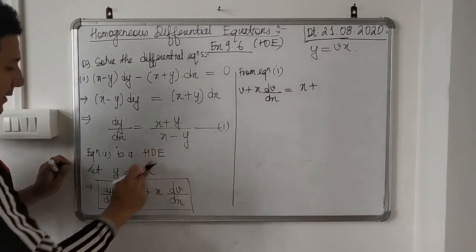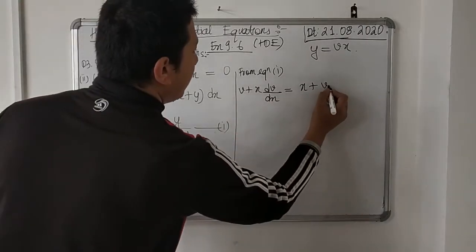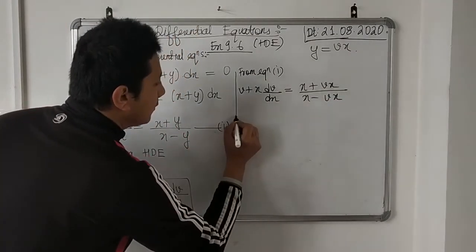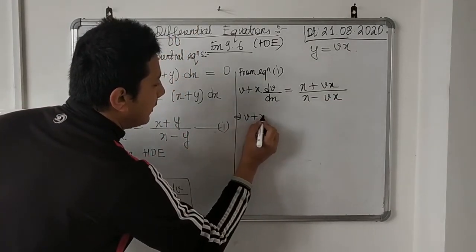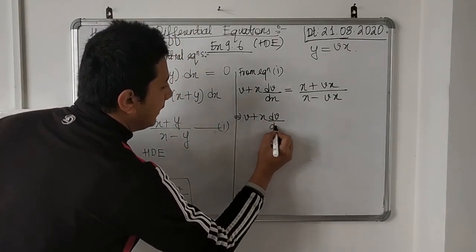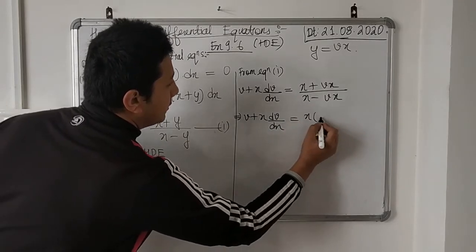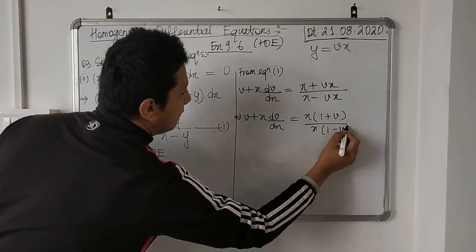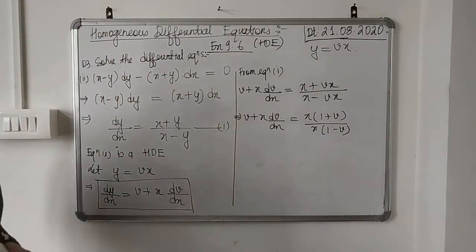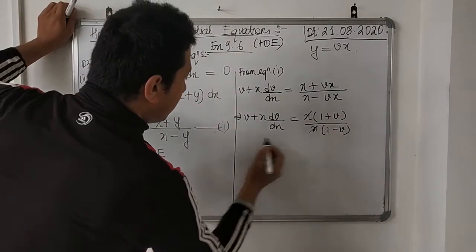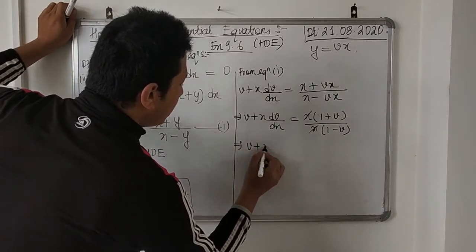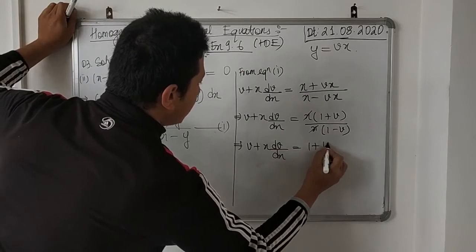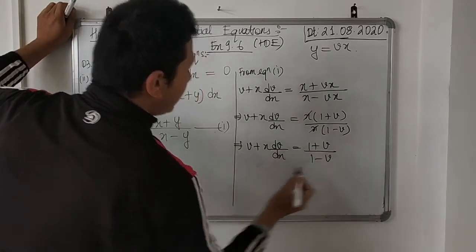The value for y is vx, so replace it by vx, divided by x minus vx. So which implies v plus x dv by dx, x common (1 plus v), right, x common (1 minus v). I hope now you're understanding. X and x get cancelled out, so therefore v plus x dv by dx is equals to (1 plus v) divided by (1 minus v).